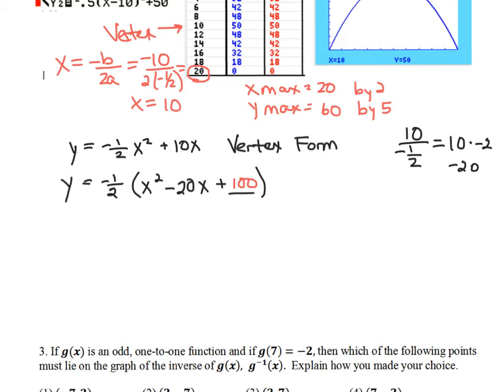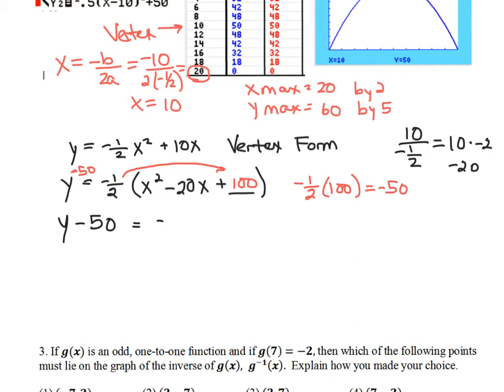But I haven't really added 100 to the right side. Remember that it's being multiplied by negative 1/2, so I've really added to my right side negative 1/2 times 100, which is negative 50. So on the left side of the equation, I also have to add negative 50. So right now I have y minus 50 on the left side.